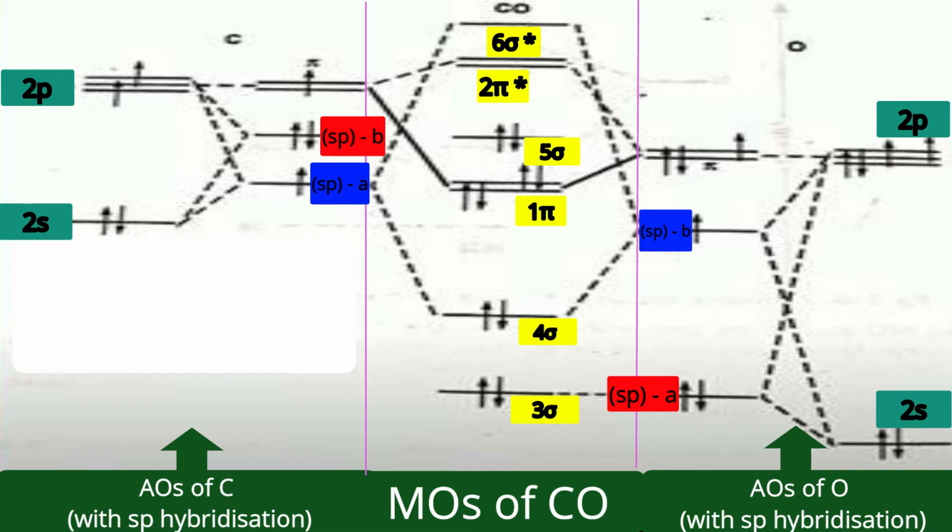So out of 6 electrons present in oxygen in the 2s and 2p orbitals, I consider here 3 electrons: a lone pair in the spa orbital of the oxygen and an unpaired electron in the spb orbital of the oxygen. Remaining electrons are in pi orbitals, 2py and 2pz. Out of 6, 3 I already considered, so the remaining 3 electrons are there in pi orbitals.